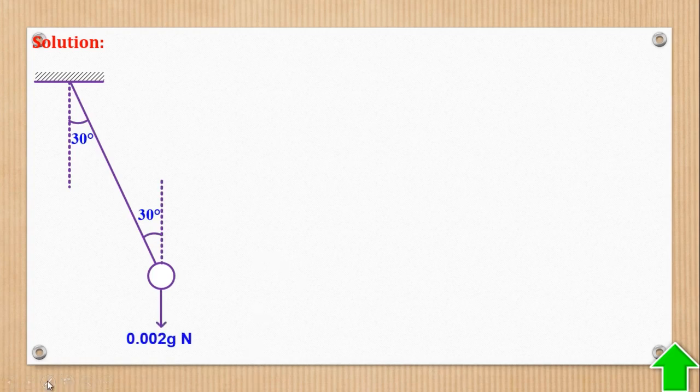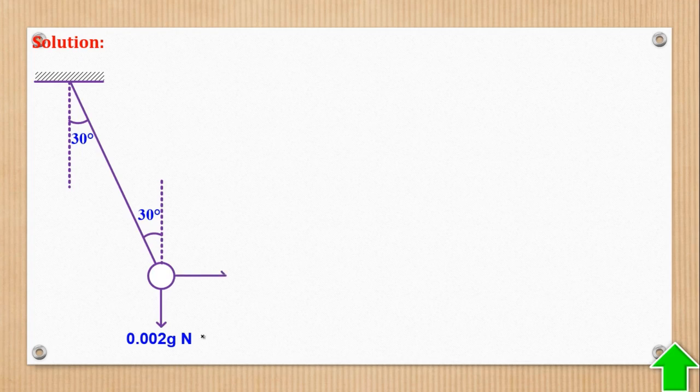It has to act vertically downwards. I think we realize we're writing 0.002 g. Now this g is no longer grams. This g is acceleration due to gravity. We are writing mg, where m is the mass in kilograms. So the 2 grams must be converted to kilograms.